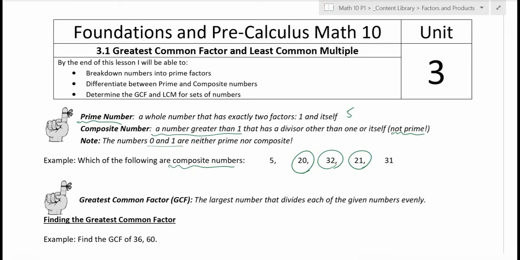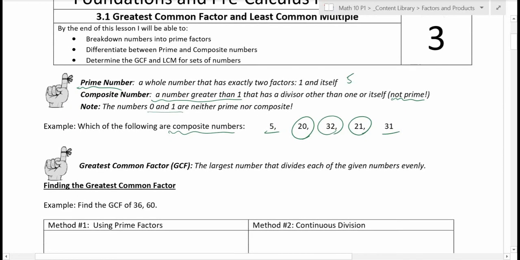So is 21. 3 can go into 21 evenly, so that is a composite number. 31 is a prime, and 5 is a prime. Okay, so that's what a prime number is. We are going to use that in a second.